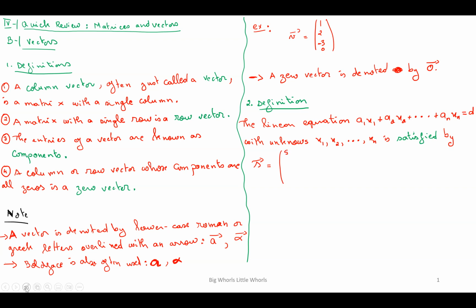Satisfies s1, s2, ... sn. If we can substitute in the equation the s's for the x's, okay, if a1 s1 plus a2 s2 plus dot dot dot an sn equals d.